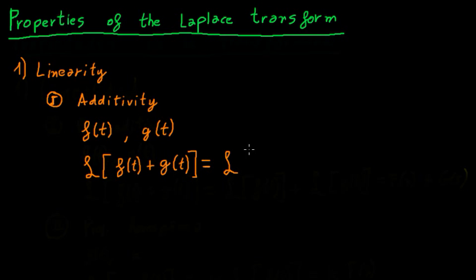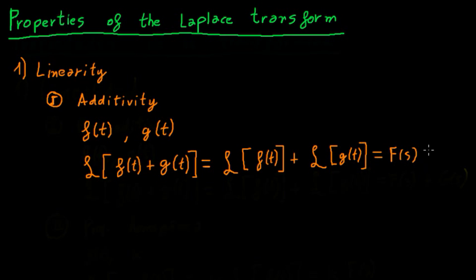That is, the Laplace transform of f of t plus the Laplace transform of g of t, or in other words, capital F of s plus capital G of s.